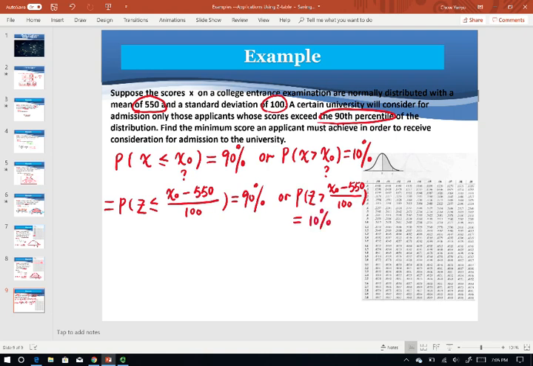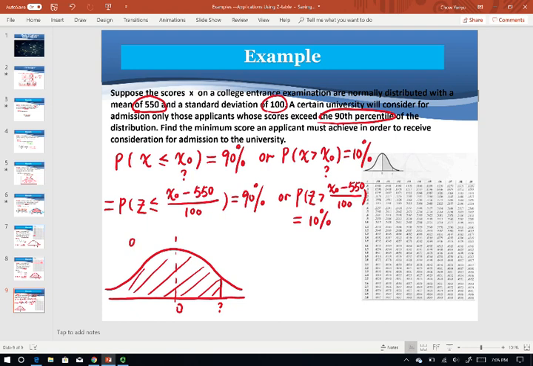Now, let's draw the curve. The middle is 0, so we need to find out the 90th percentile. That means we need to find out this number. Lower than this number, it will be 90%.